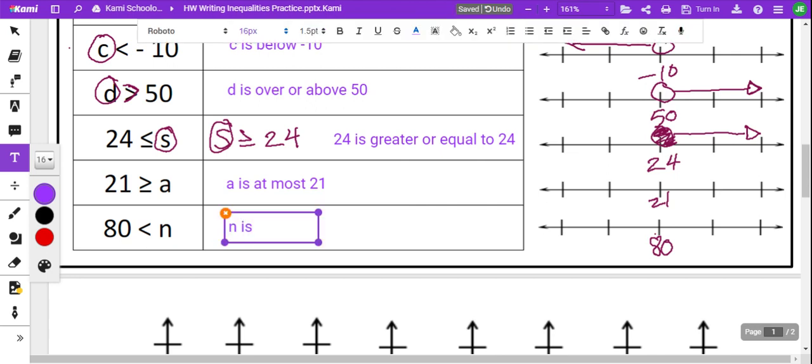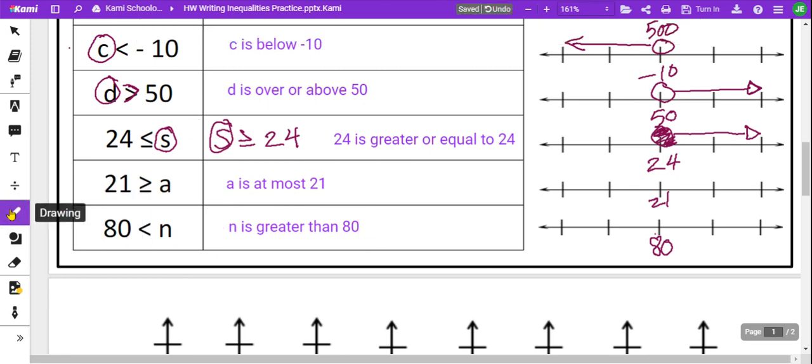N is on the open side or the bigger side, greater than 80. So for the last two examples, we got 21 and it's shaded, and A is on the small side or the pointy side. So it's going to be less than. N is greater.